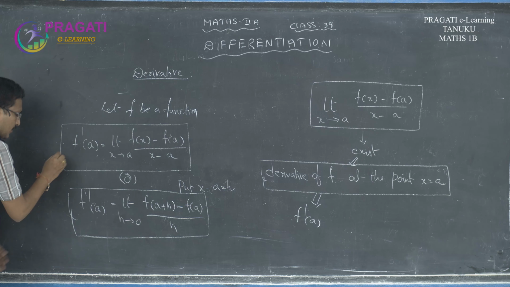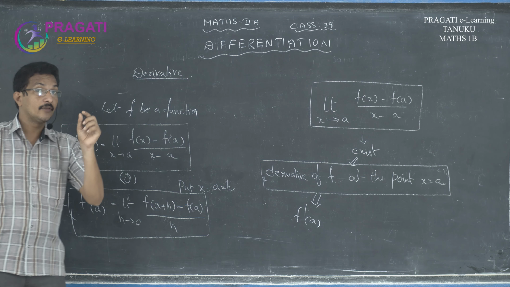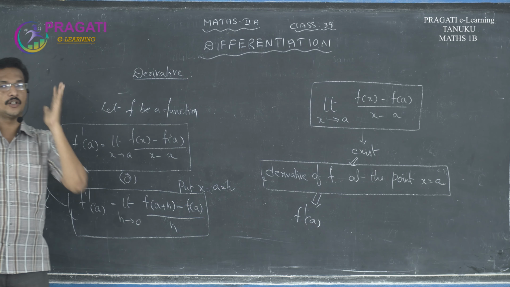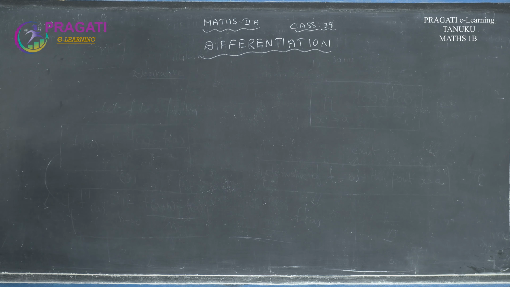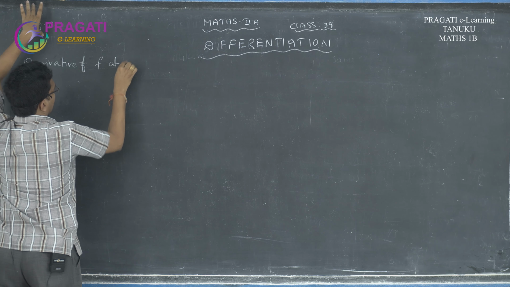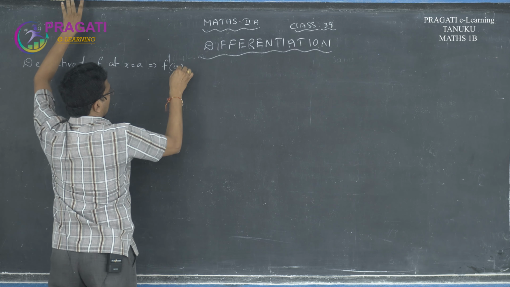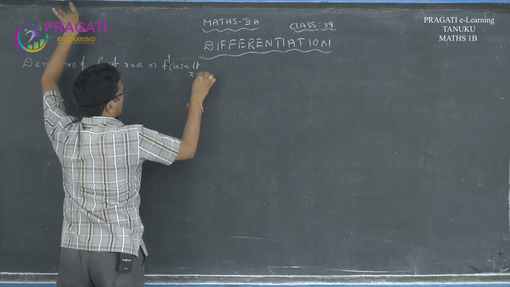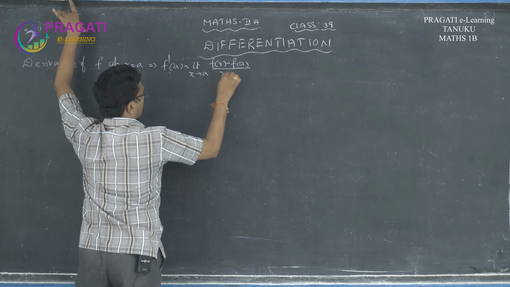There are two formulas. These two formulas are called the derivative of f at x is equal to a. The first one: derivative of f at x equal to a is denoted by f dash of a, and the formula is limit x tends to a, f of x minus f of a by x minus a.